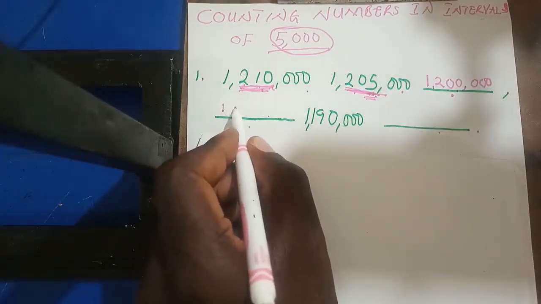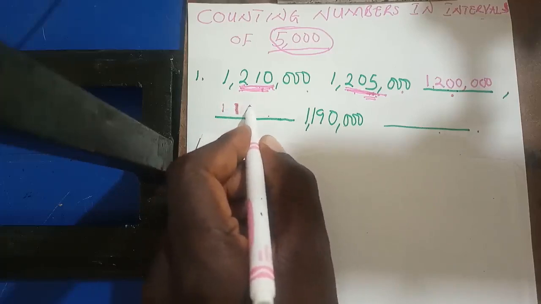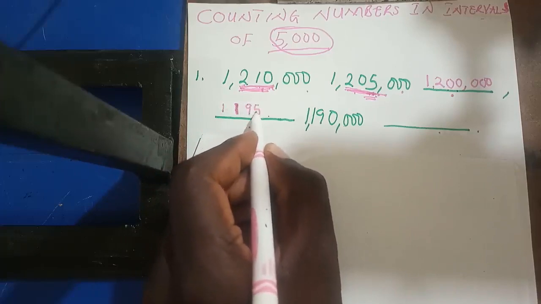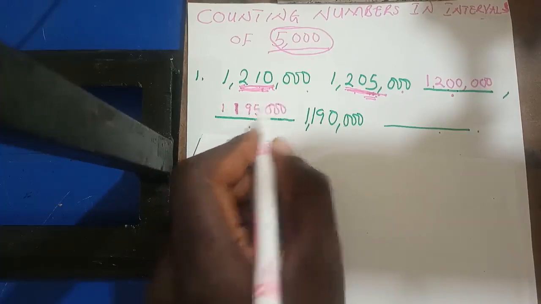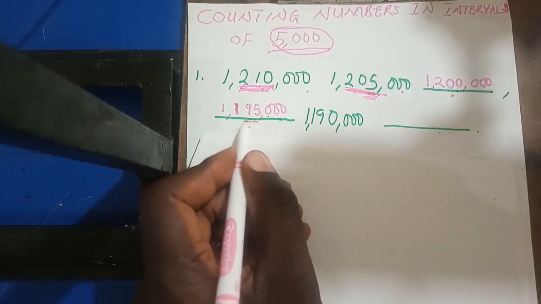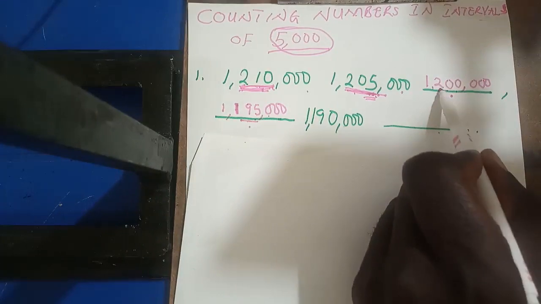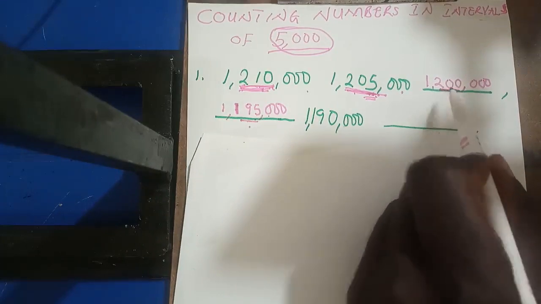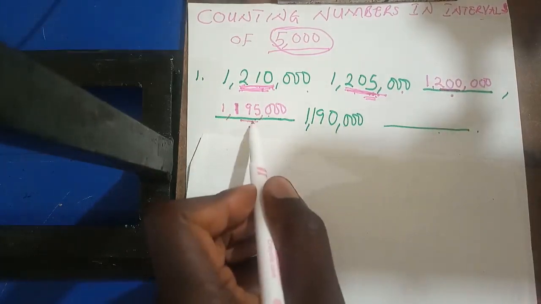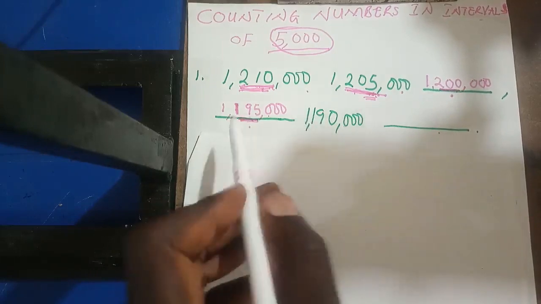What about the next one? It means again we are going to reduce this 1,200,000 by what? By 5,000 again. So it is going to be what now? It is going to be 1,195,000.